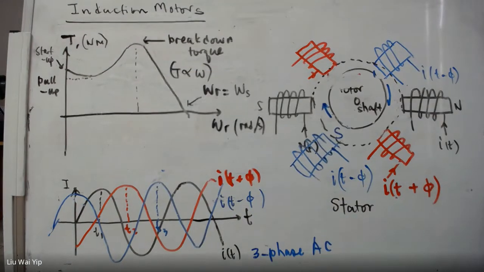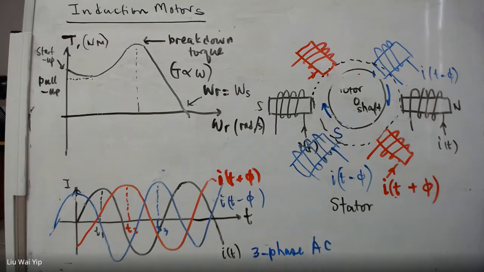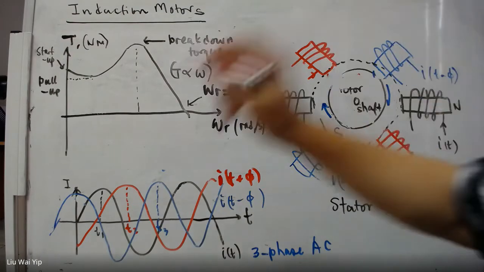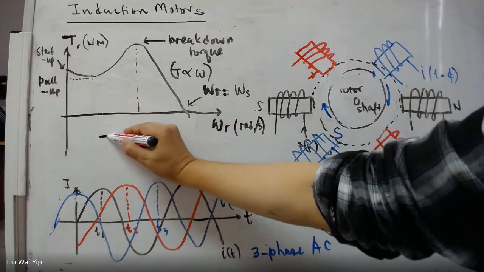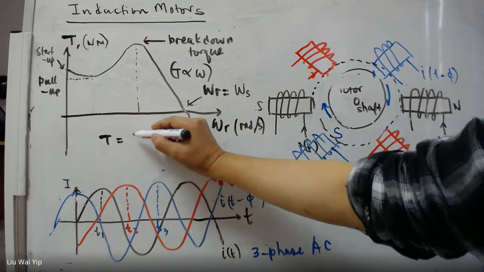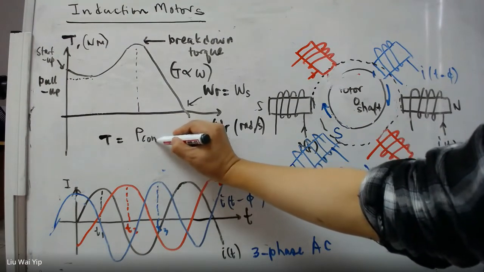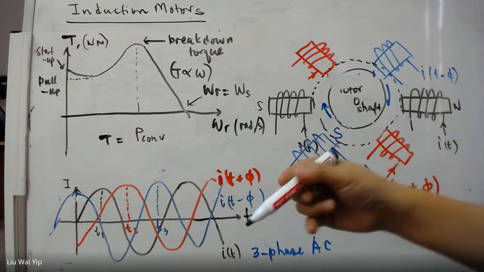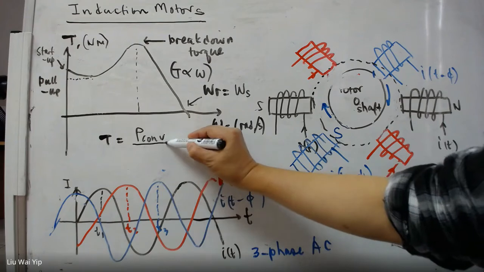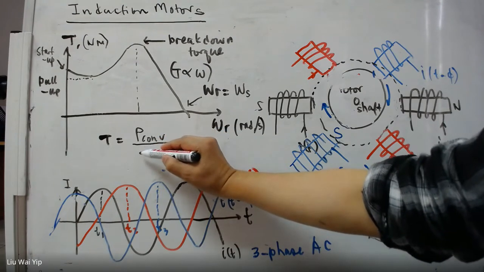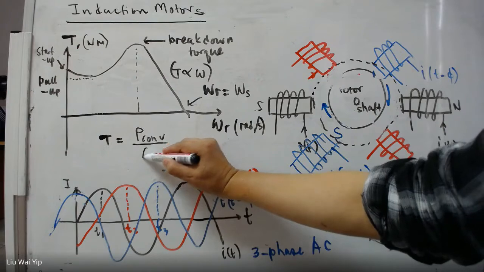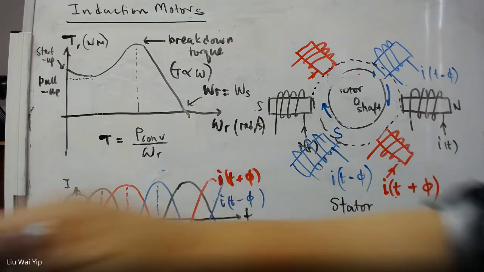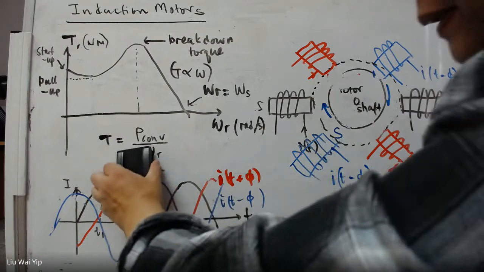So if you have a start-up torque, this means you also have a start-up EMF, because the torque is actually equal to the converted power, the power that has been converted into mechanical energy, divided by the angular speed. Maybe you should write the speed in this manner.